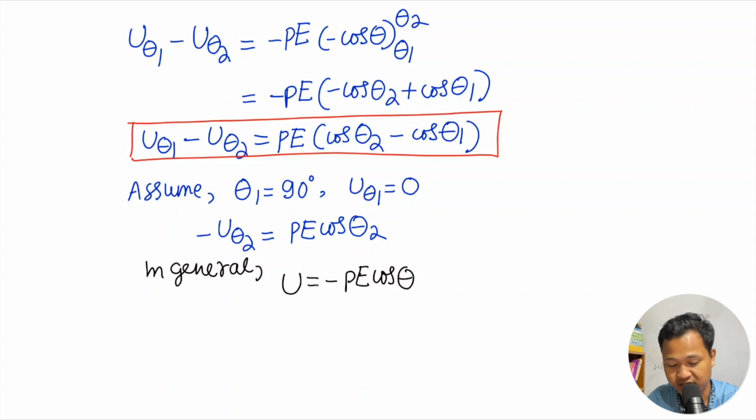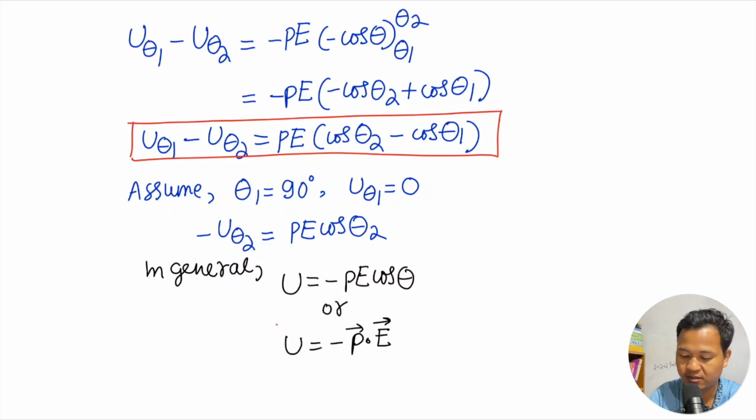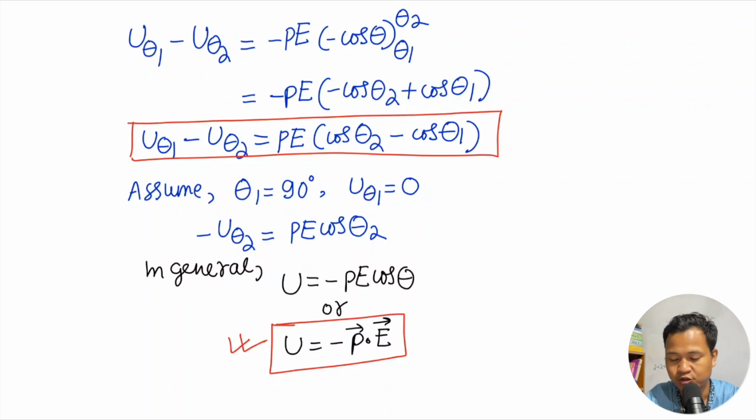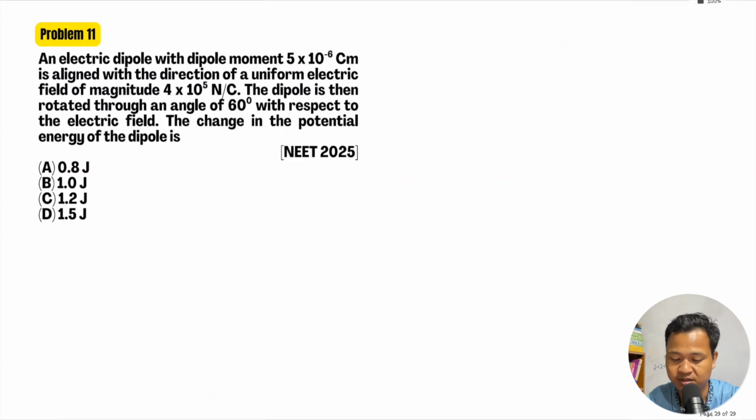In vector form, U equals minus P dot E. The dot product gives the cos term. So remember this formula. That is the potential energy derivation. Now let's solve questions.